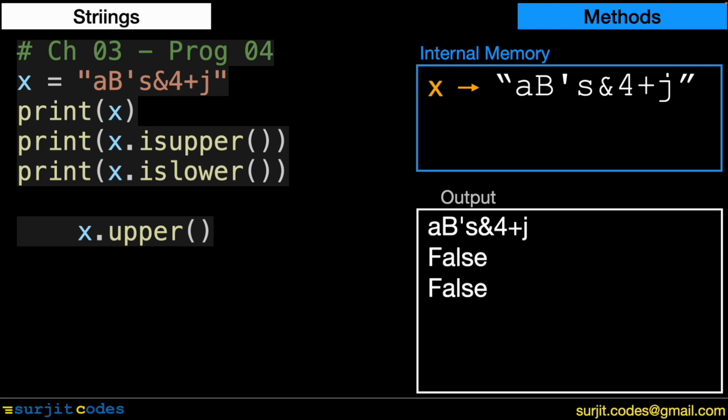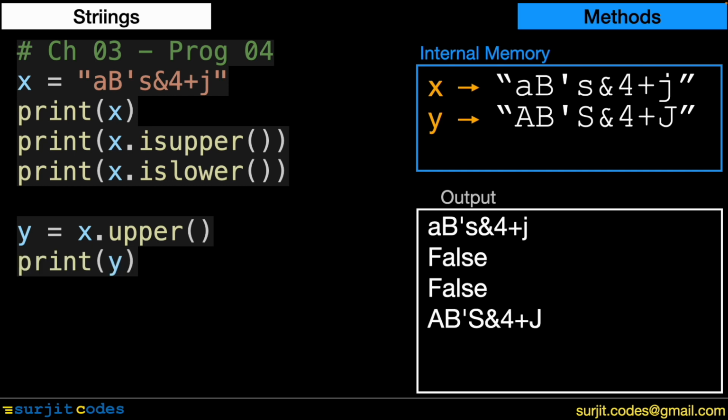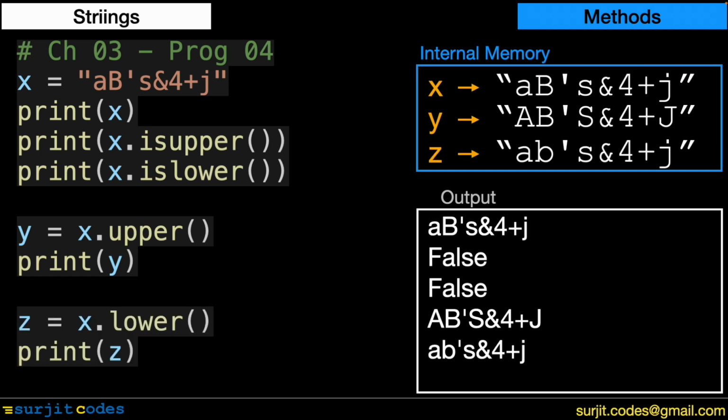upper is another method of the string class. It converts all alphabets of the string to uppercase and we save the result in a new variable y. It does not disturb the non-alphabets of the string. We print y to check its contents. Similarly, we convert x to lowercase, save it in z and print it. y and z are new strings that we create by assignment statements.